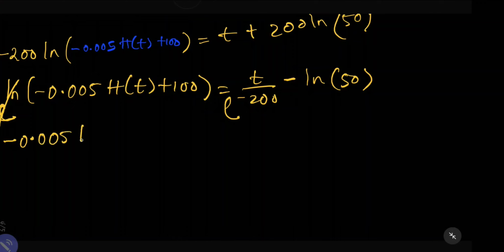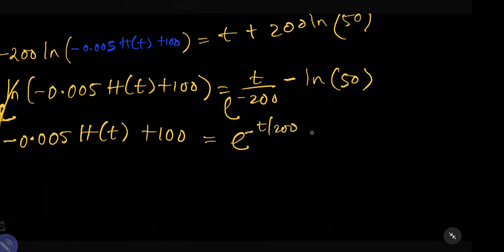Now we have minus 0.005 h of t plus 100 equals e raised to power minus t over 200 times e raised to power natural log of minus 50. And this e cancels this natural log, and once it cancels, we have just minus 50 left here.